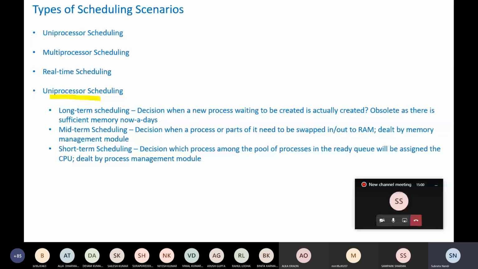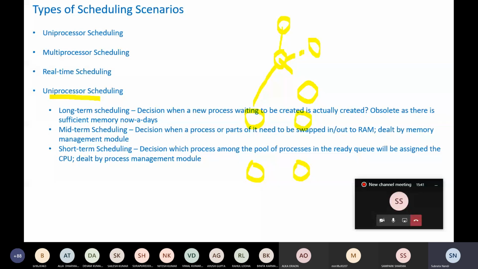If you recall the state transition diagram, which was something like this: this is the user running state, this is the kernel running state, and this is the ready state. This is a swapped out state, and this is the preempted state.